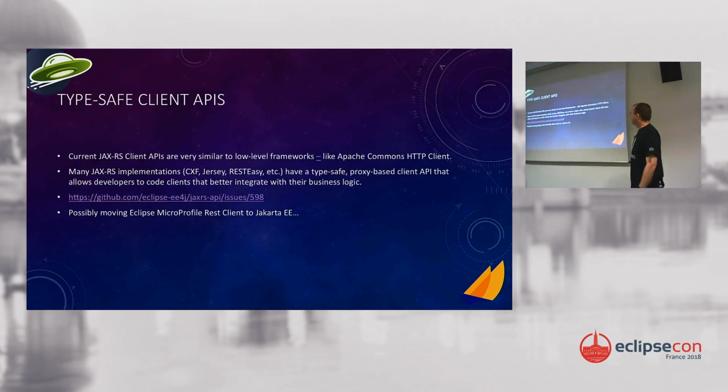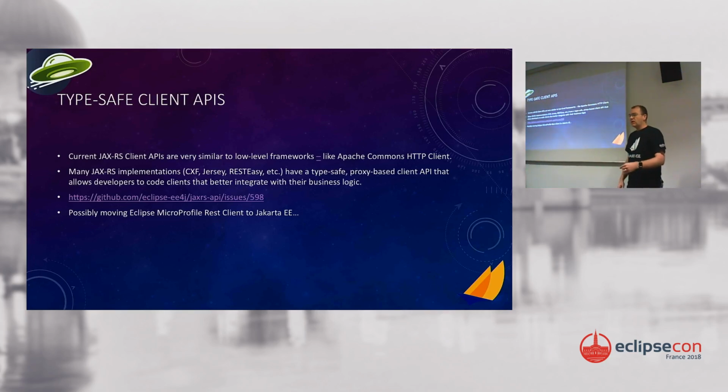Type-safe client APIs is something else we're considering in JAX-RS. A lot of JAX-RS vendors have gone off on their own and developed a type-safe client API. CXF, Jersey, and RESTeasy all have their own. And in MicroProfile, we've tried to take the best of those vendors' ideas and bring them together into a standard MicroProfile REST client.